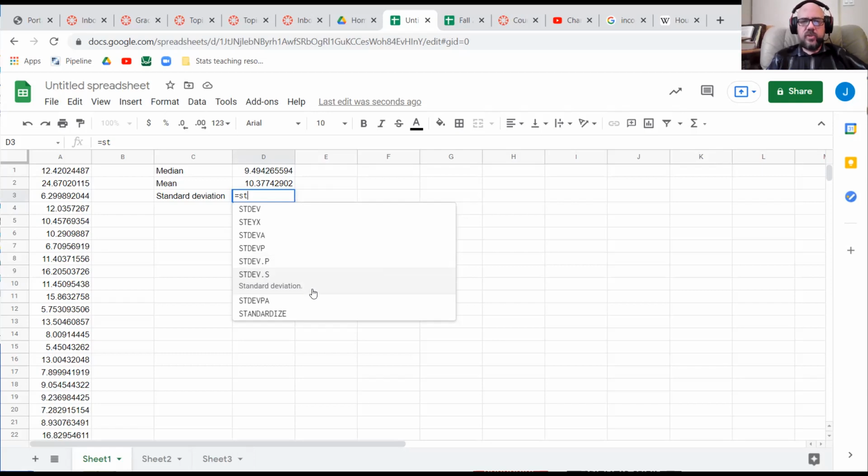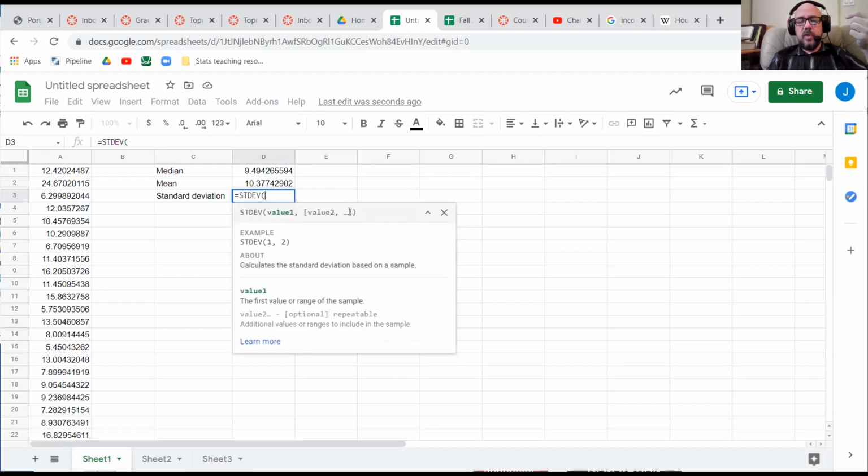The reason they're using the sample formula as the default is that if you have the data for it, that's almost certainly your sample, right? It's very rare that you will actually have the entire data for a population. So in general, that's the one we use. We're going to use the sample one.